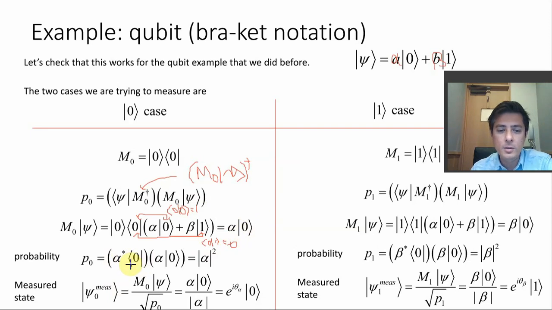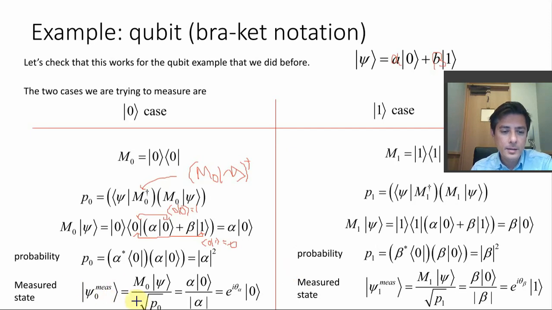And this vector, you just turn it into the row vector, or the conjugate vector version. So that is this part of it. And then you just multiply the first part by the second part. So you get alpha star times alpha, so that's mod alpha squared. And then again, you've got this inner product of 0 and 0, but that's equal to 1. So it's just alpha squared. So that's exactly what we expected. The probability of this should be alpha mod squared.